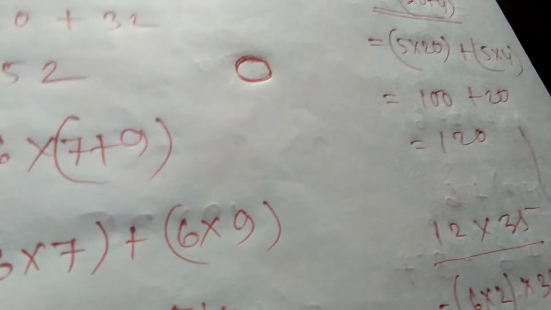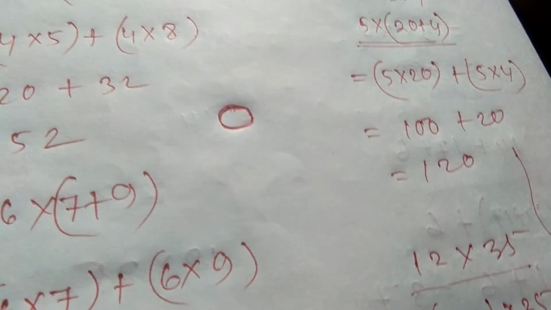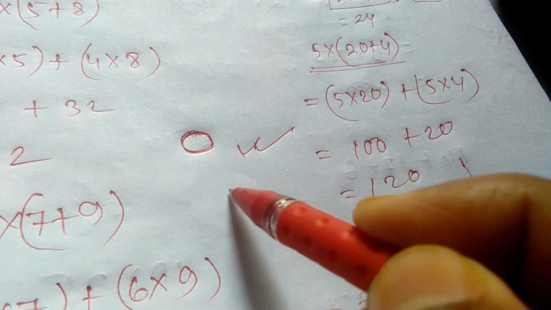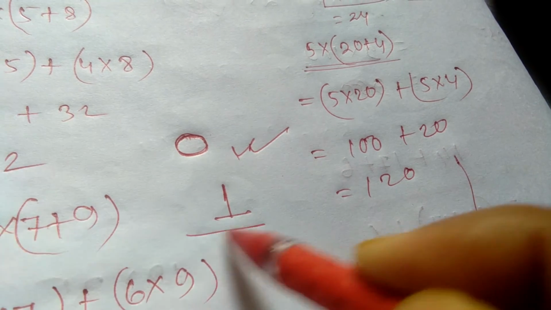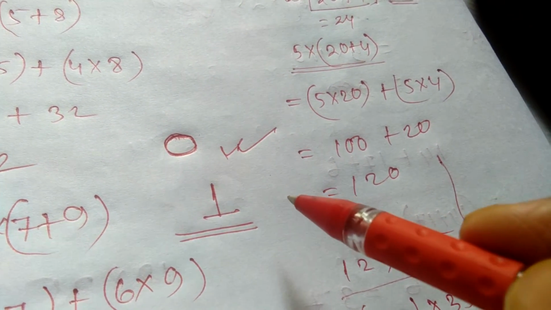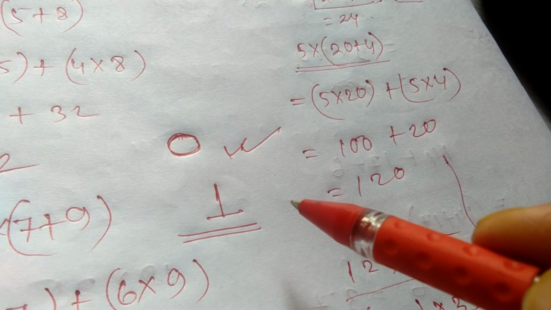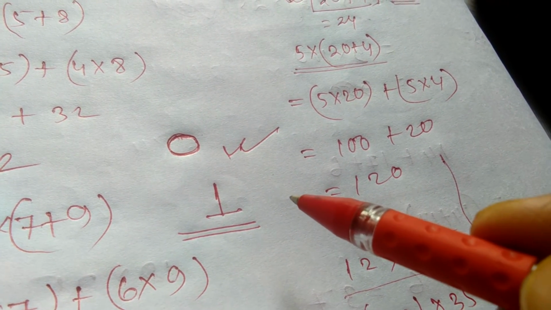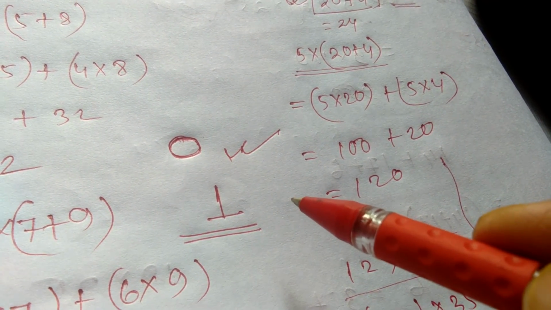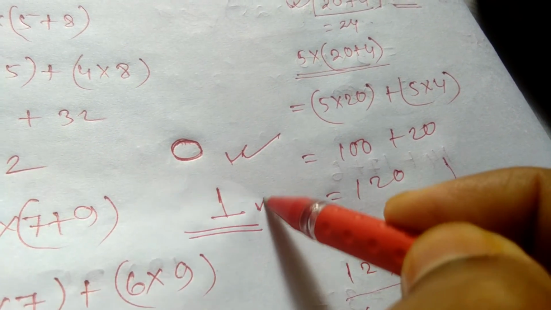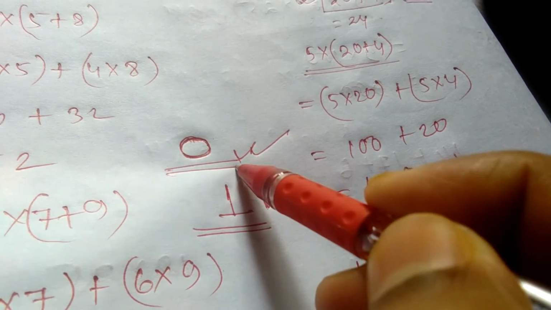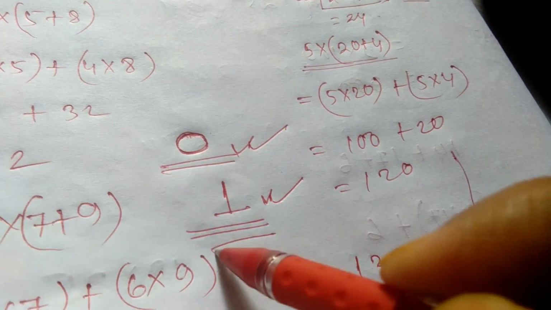So what is the additive identity for whole numbers? That is only 0, and one more number, that is 1. Now I am talking about 1. 1 is the identity for multiplication of whole numbers, or we can say multiplicative identity for whole numbers. So what is the multiplicative identity for whole numbers? That is 1. So additive identity 0 and multiplicative identity 1.